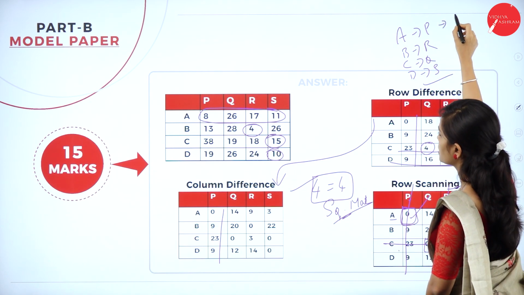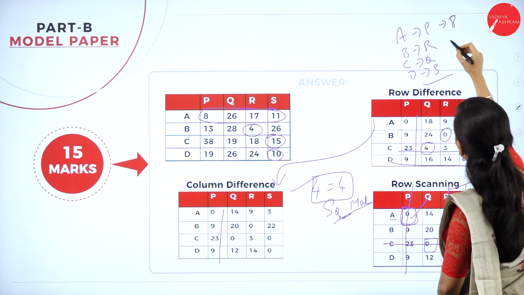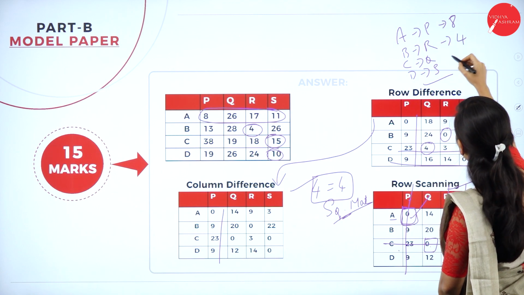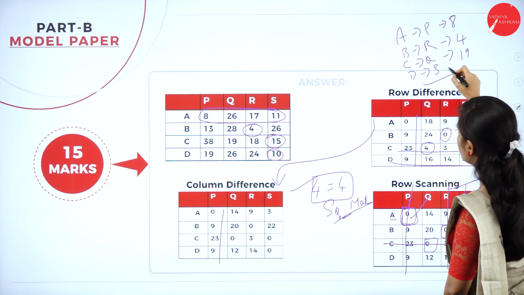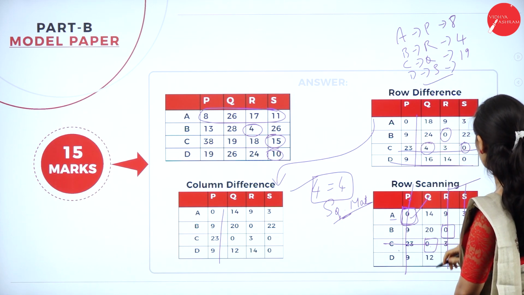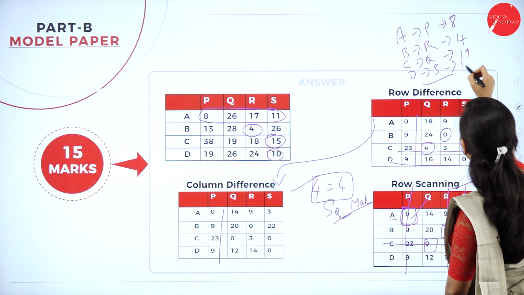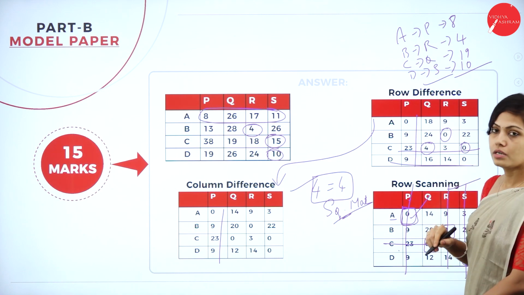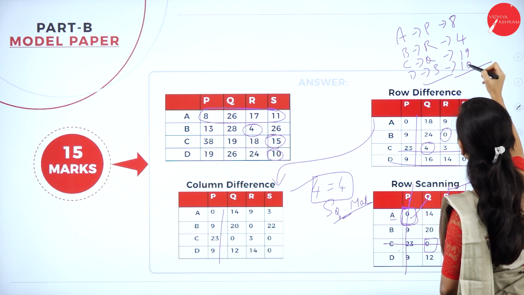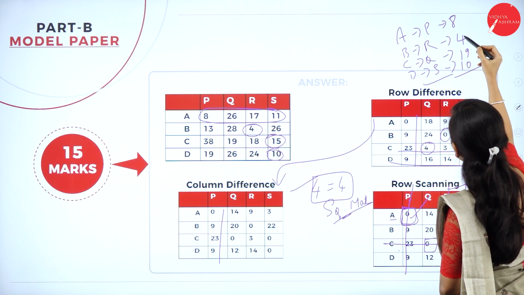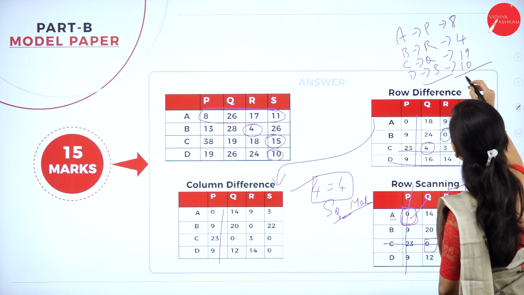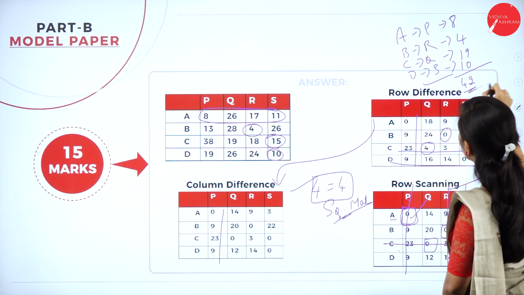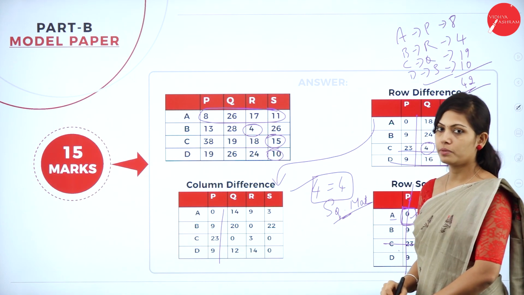A to P, it is 8, and next is 4, and C to Q is 19, and D to S is 10. So add all these values: 19 plus 10, 29, and 29 plus 4 is 33, 33 plus 8 is 42. So this is your assignment problem.